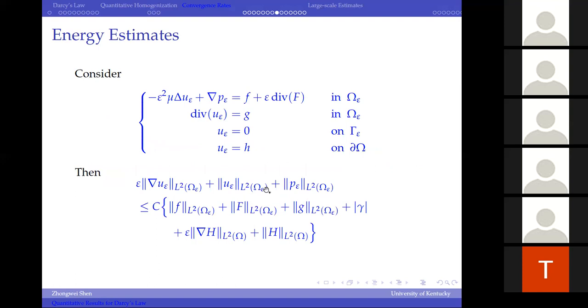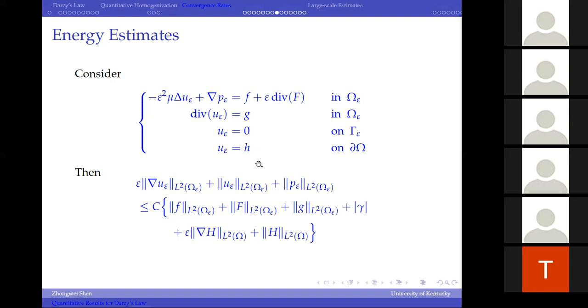Looking at this energy estimate, when you plug the difference of the solution and the leading term into the Stokes equation, you're going to generate some F, capital F, and the G, which you can handle here.